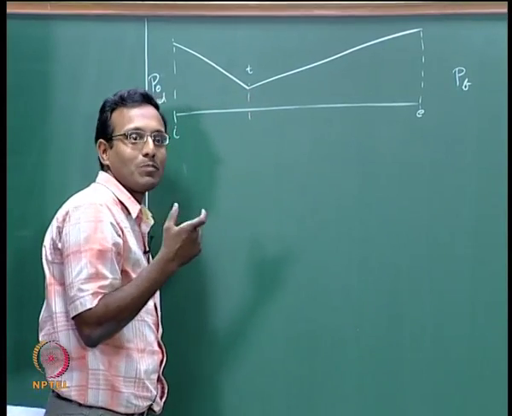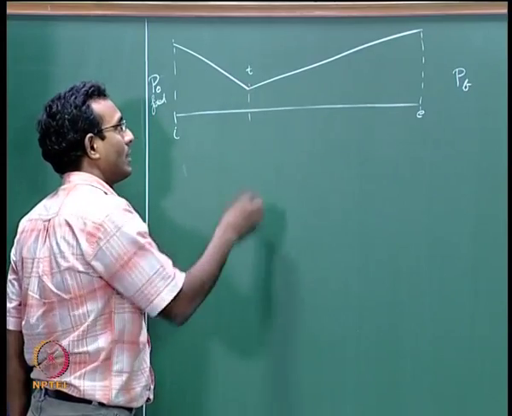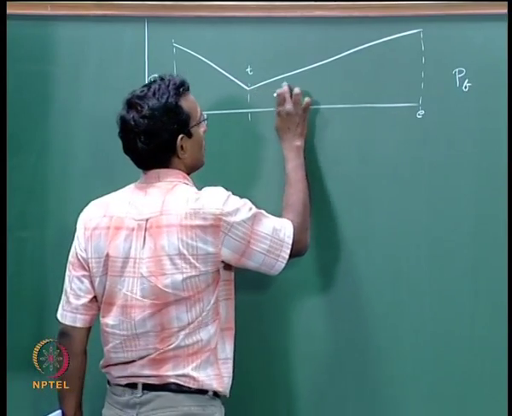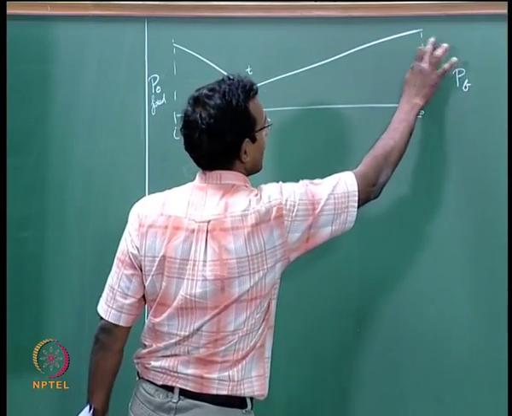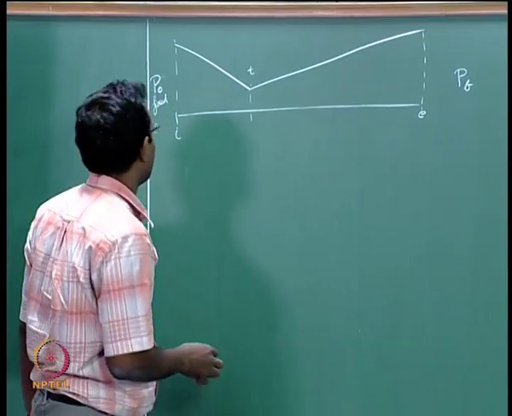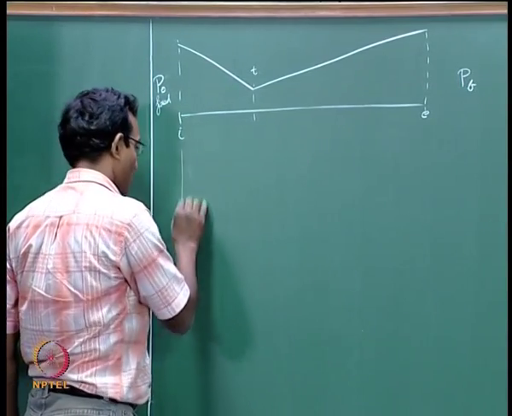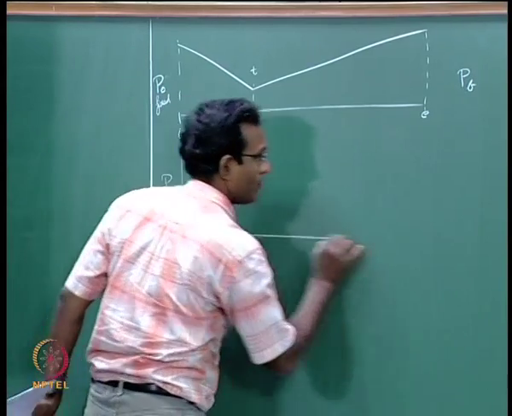I said it is a very small pressure differential, it is not going to get to sonic condition here, and after that it is again going to go subsonic with lower and lower Mach numbers, finally reaching a low value.